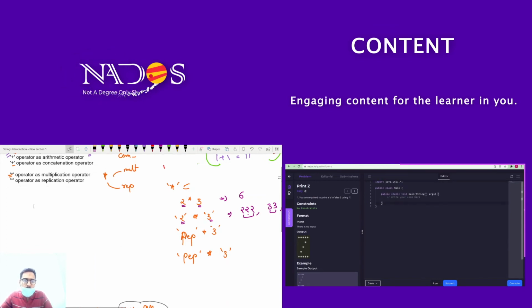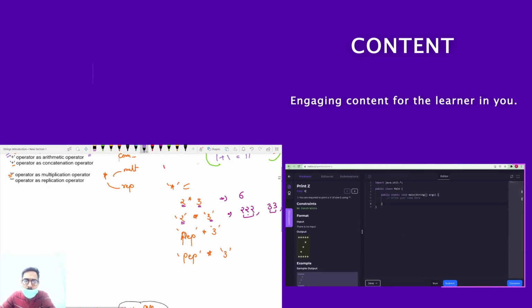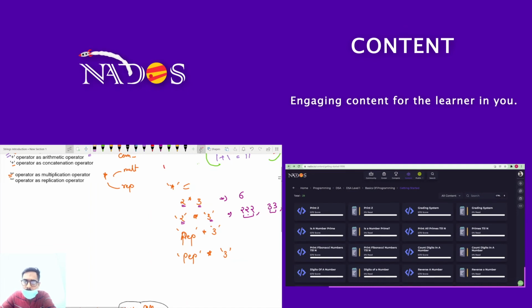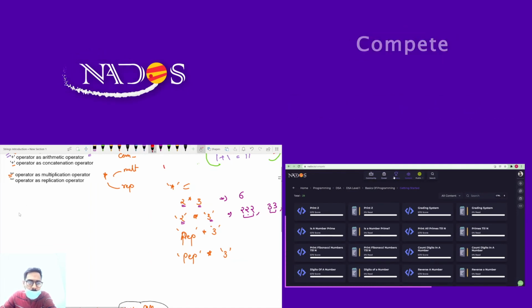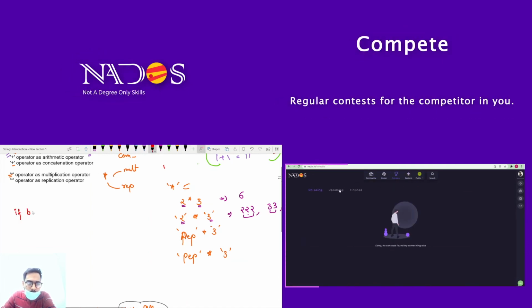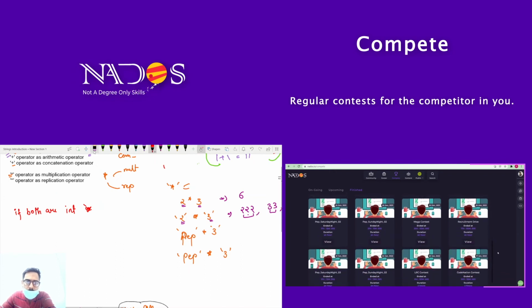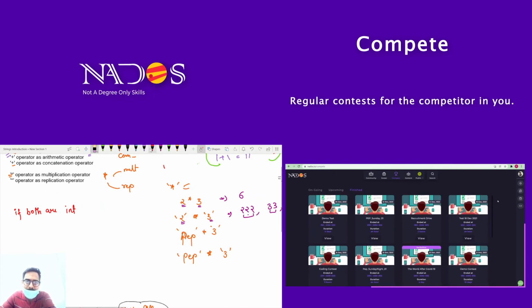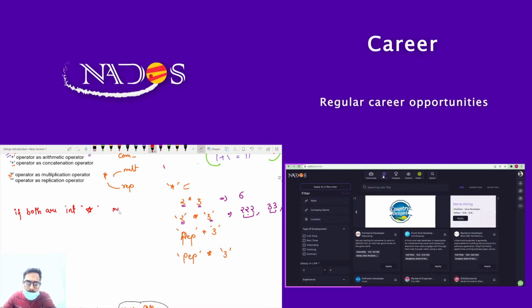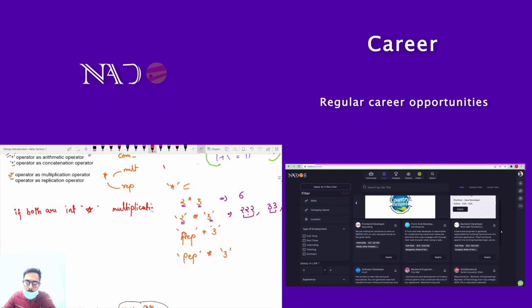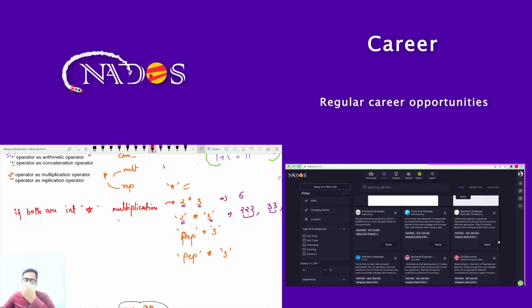So the first one is that if both are int, normal multiplication, you can clearly see it over here.